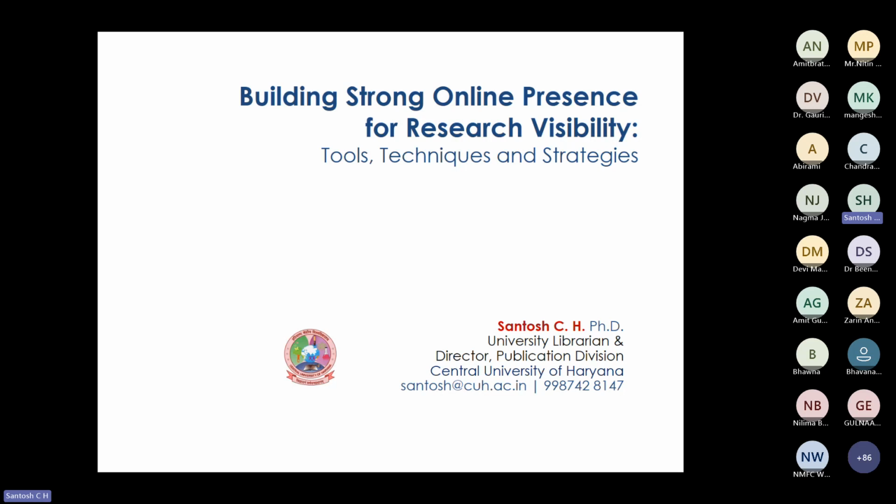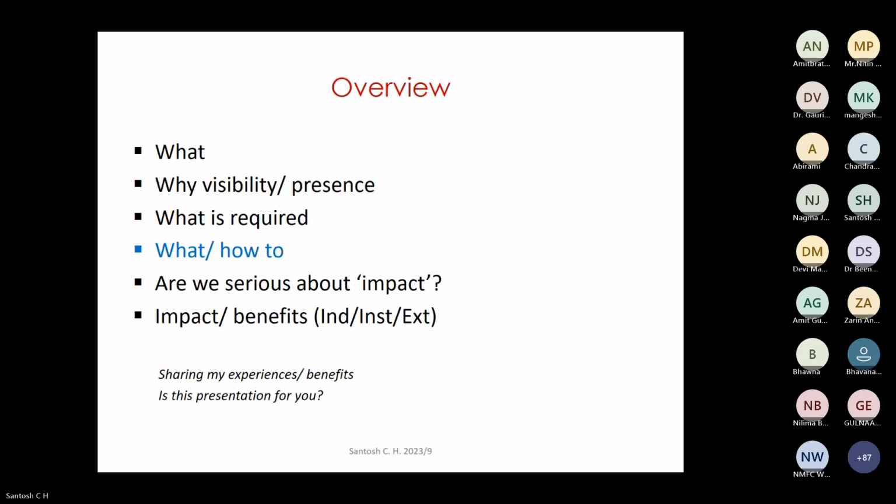I'm going to talk about the visibility of the researcher, the visibility of research publications as well as our research endeavors, and third, the institutions or employers who have hired us and wherein we are working. How to make these three things visible, and what tools and techniques are involved in making that happen, we'll be discussing.